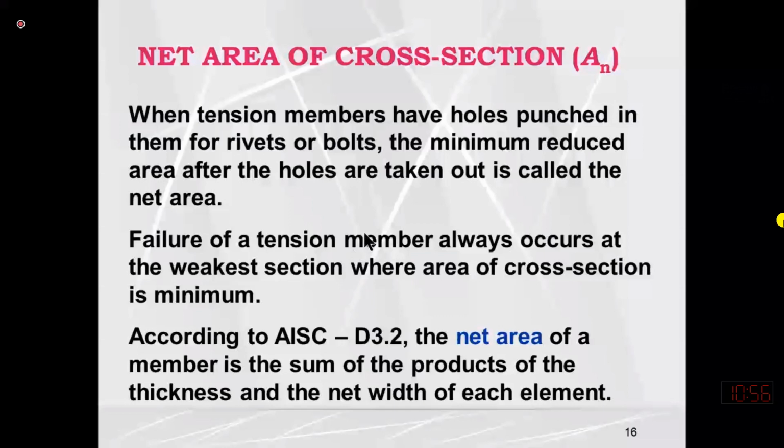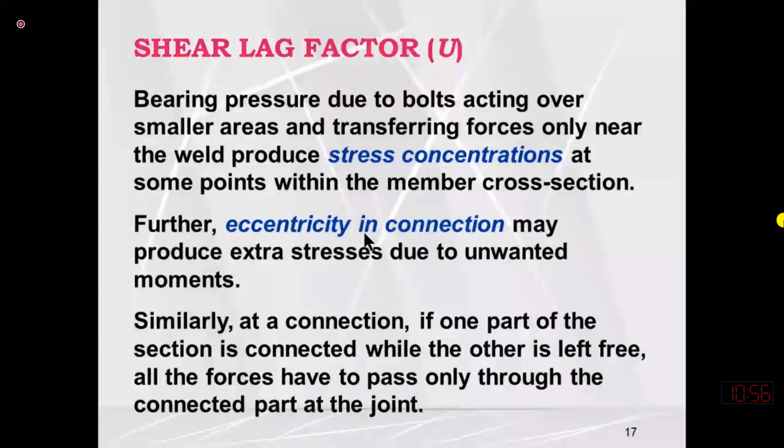According to AISC D3.2, the specification given in chapter D, the net area of a member is the sum of the products of the thickness and the net width of each element. I will explain how to compute it. So net area is the net width multiplied by thickness.